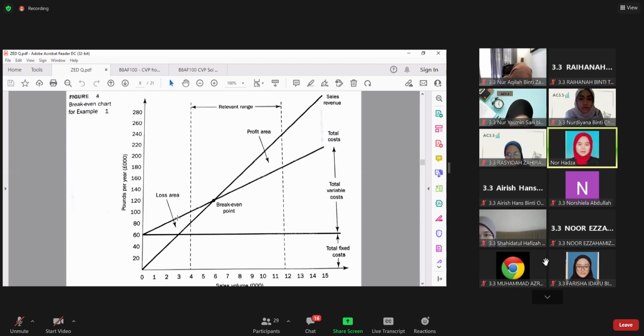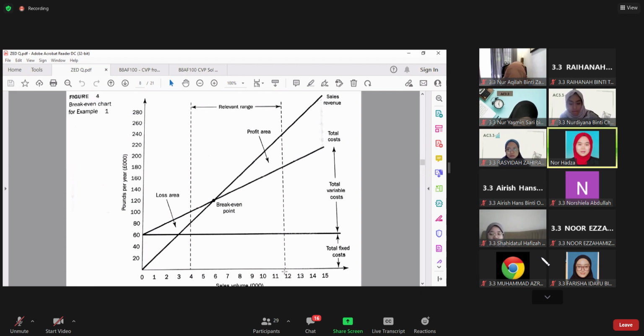The chart shows that all the costs, variable costs and fixed costs, will remain constant in this range. Outside the range, there might be a change in the cost. Can you see? Therefore, the result might not be the same anymore. Let's say the data you got is between 12,000 and 15,000 units, the break-even point will not be the same as what you did for a quantity from 4,000 units up to 12,000 units.